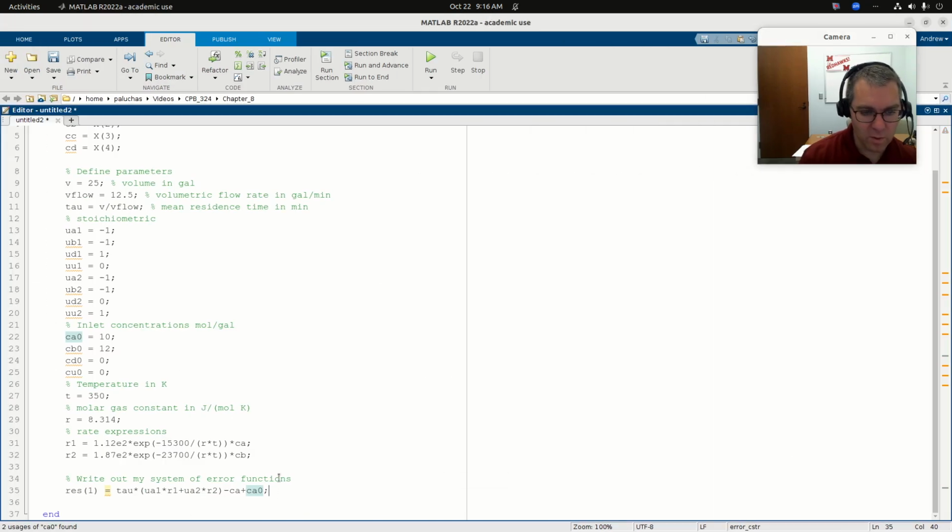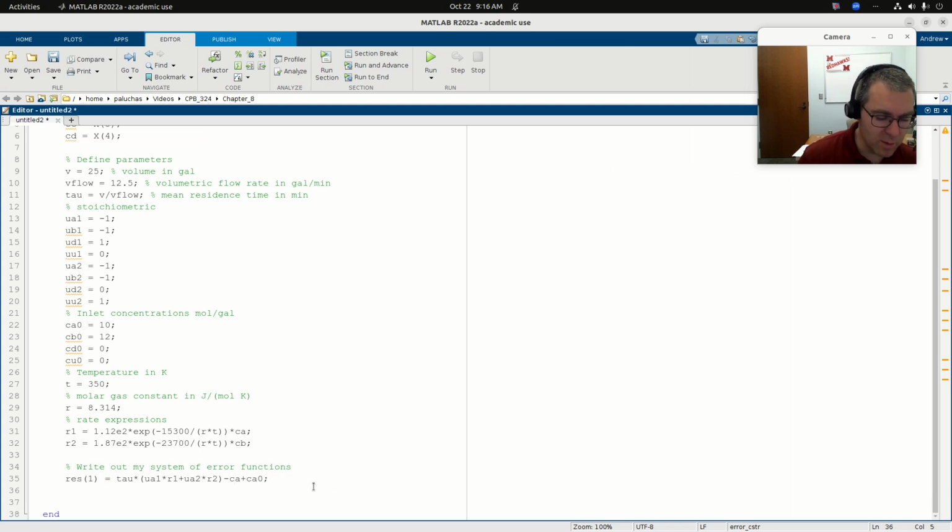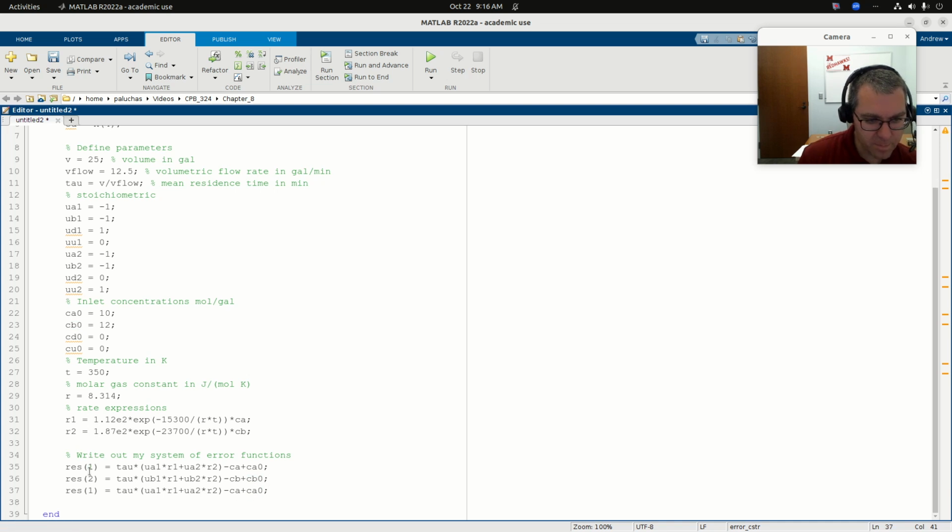Okay, cool. Since I'm not killing terms, I'm going to copy this, and for my second element, res2, I'm just going to change A to B. And there's my mole balance for B.